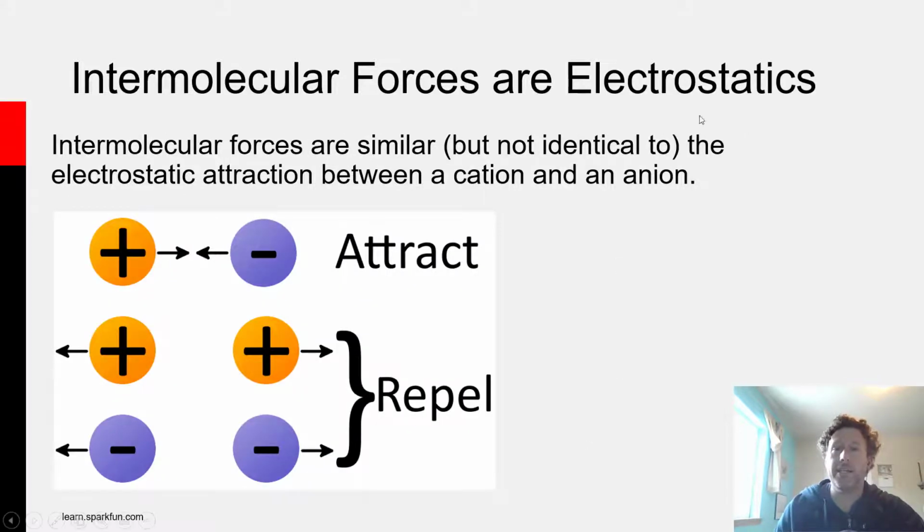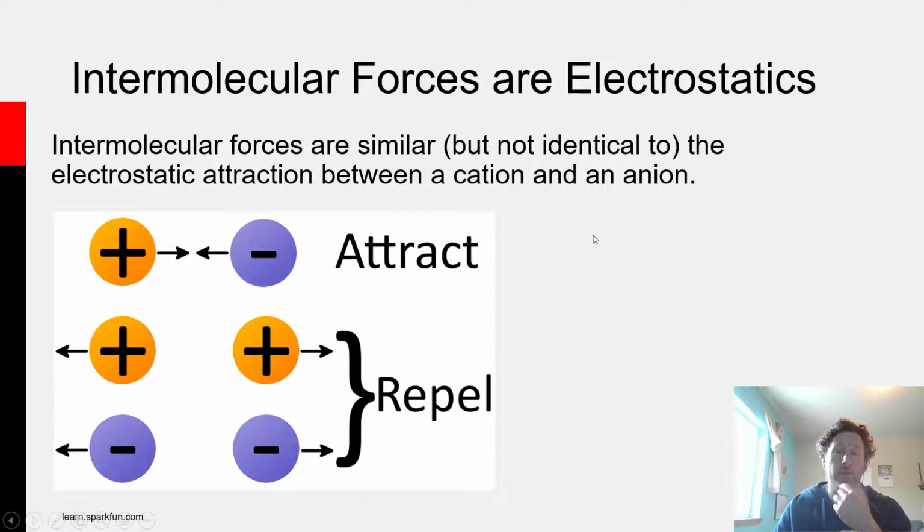Remember, the bottom line is that intermolecular forces are based on electrostatics. What pulls molecules together are temporary or, in some cases, permanent buildups of partial negative and partial positive charge. And remember that opposite charges attract. So regions of partial positive charge on one molecule find regions of negative charge on another molecule, and that creates an intermolecular force that holds the two molecules together.